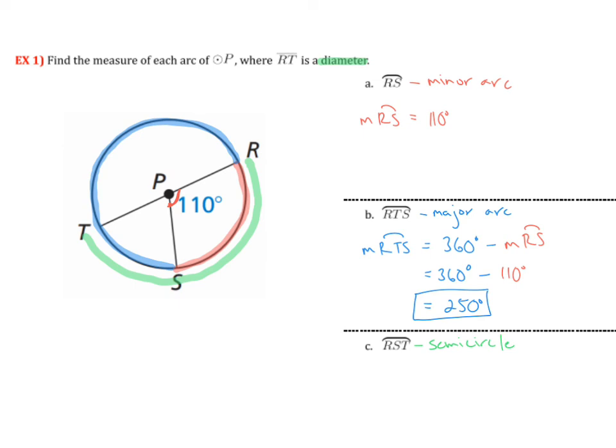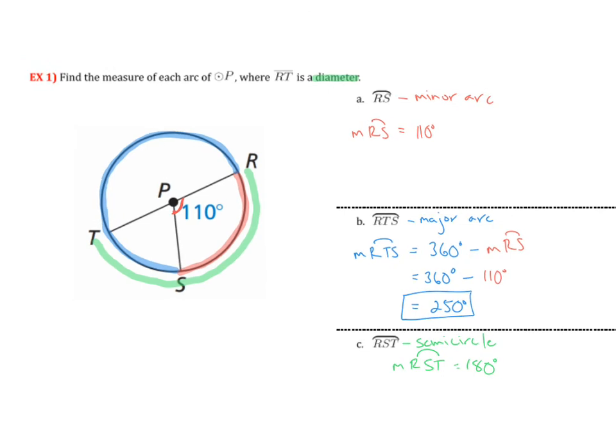And because it's a semicircle, the measure of arc RST is equal to 180 degrees. All right, so that is how you find the measure for all three of these.